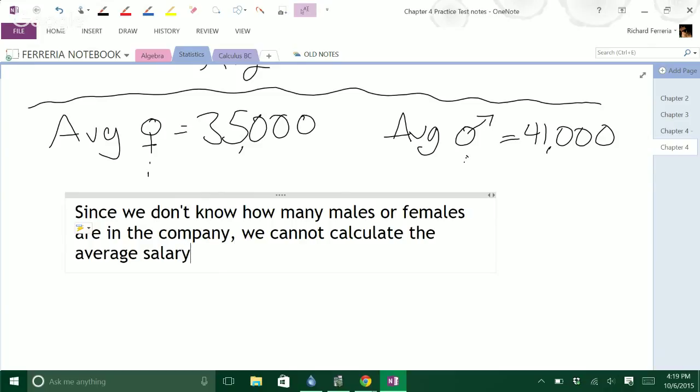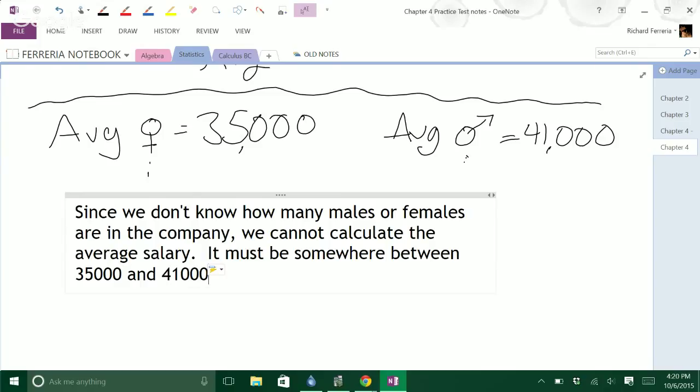Can't really calculate the average salary. All we know is that it must be somewhere between those two numbers, right? Yeah. And that's the best we can do.